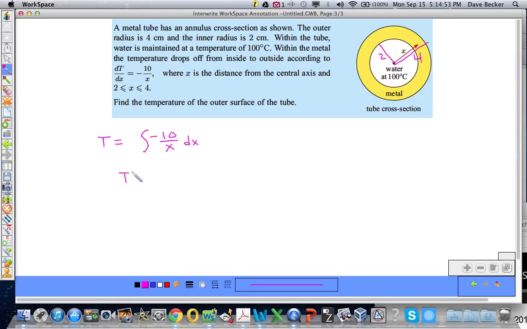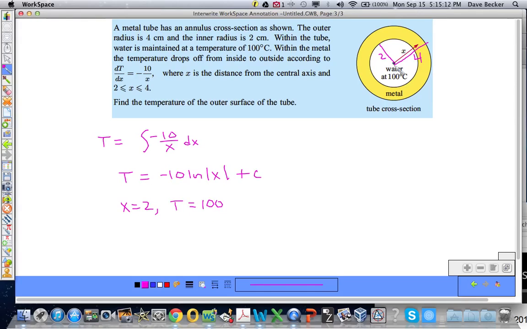So T is equal to negative 10 natural log of the absolute value of x plus the constant C. But we also know that when x equals 2, the temperature is equal to 100.